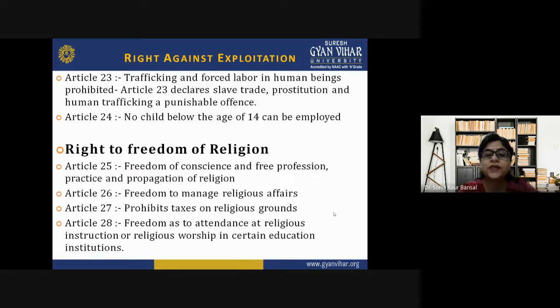Then Article 26 is about freedom to manage religious affairs. Article 27 prohibits taxes on religious grounds. Then Article 28 is about freedom as to attendance at religious instruction or religious worship in certain educational institutions. So this is about the right to freedom of religion.